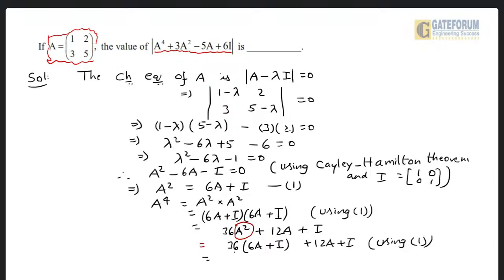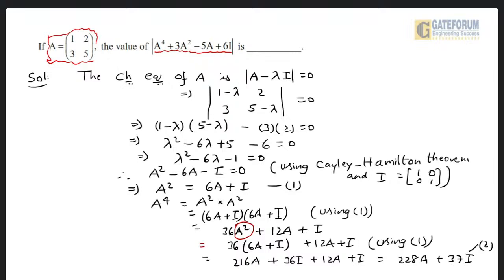Now 6 into 36 is 216A plus 36I plus 12A plus I. Finally this simplifies to 216 plus 12, 228A, and 36I plus I, 37I. Let us say this is equation 2.